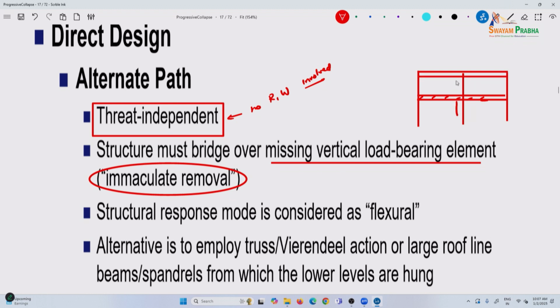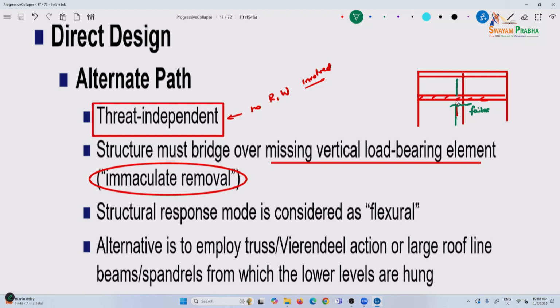So if you have a column, so the failure is here, not within the beam itself, because if it is within the beam itself, again through some of the detailing, even in steel you can do detailing in a way that the failure occurs within the column, and how to address that, those are some things you have to look into.